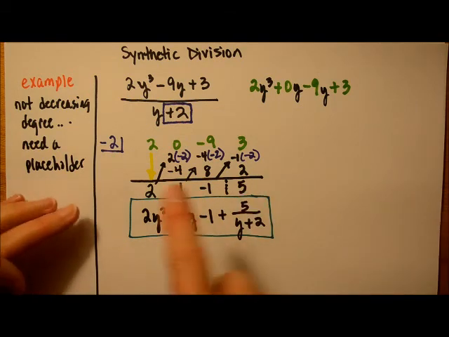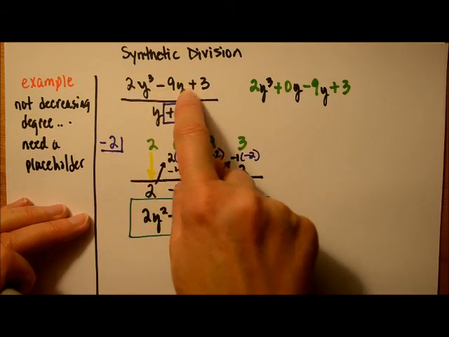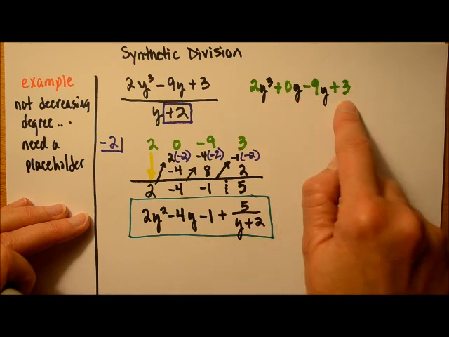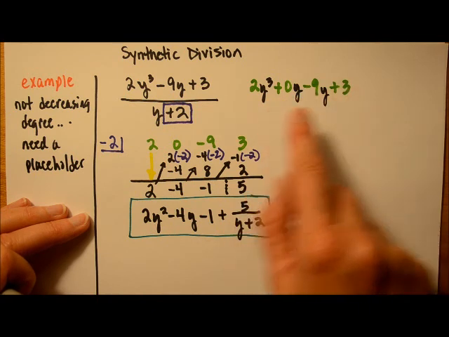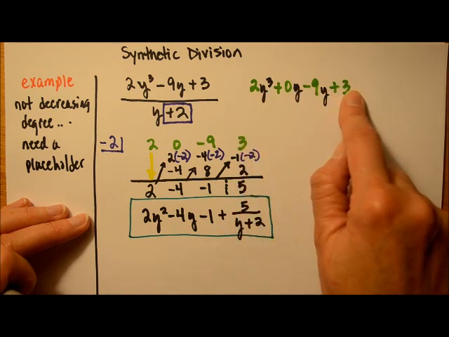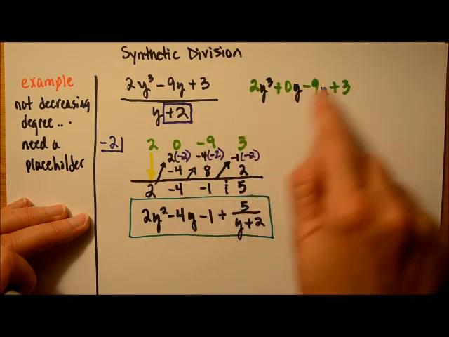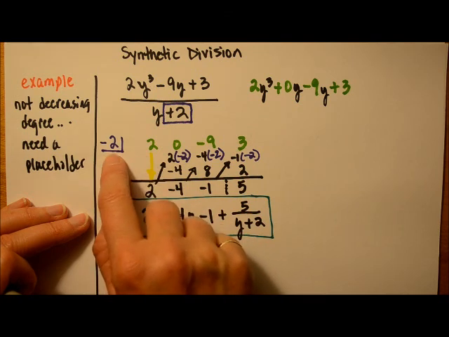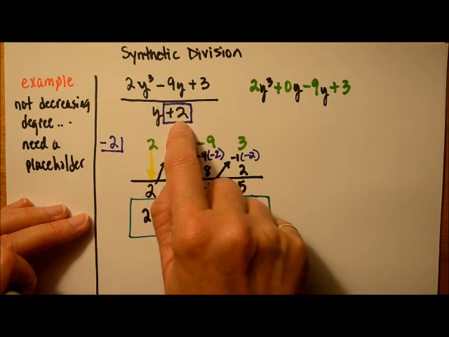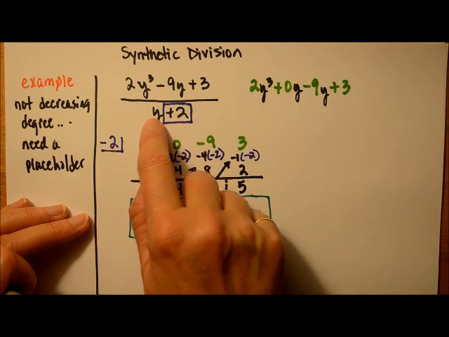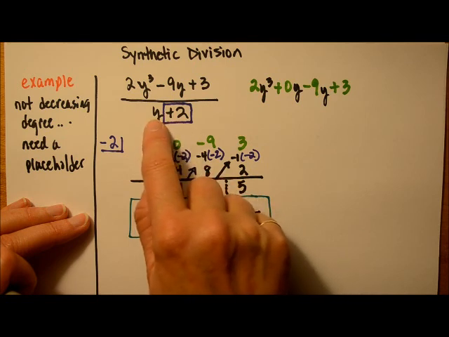Again, all we did was we made sure it was in decreasing degree, realized it wasn't, rewrote it over here in decreasing degree. What I'm grabbing are the numbers that are in green, because those are the coefficients. So I'm going to bring down my 2, my 0, my -9, my 3. I needed this number in the box. It's the opposite of what you see here, as long as y is by itself, no coefficient there.